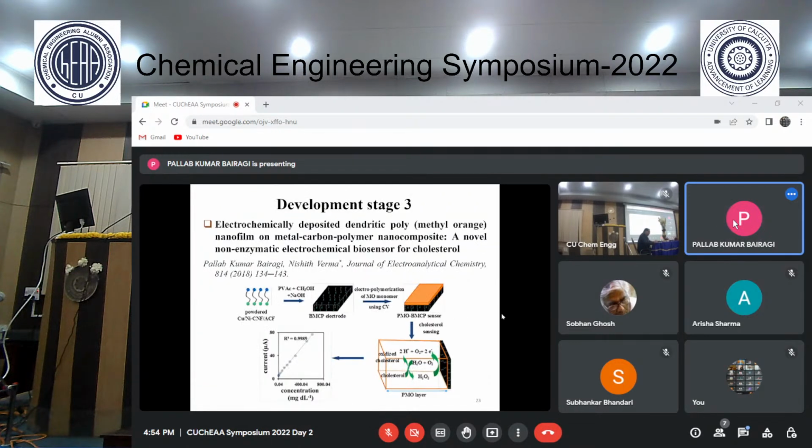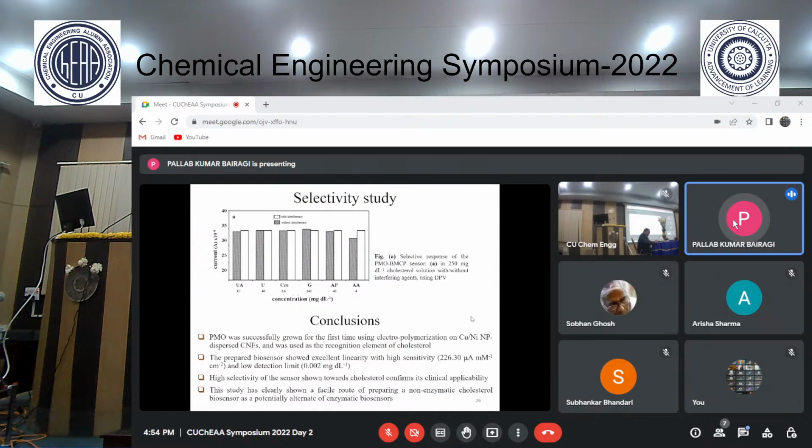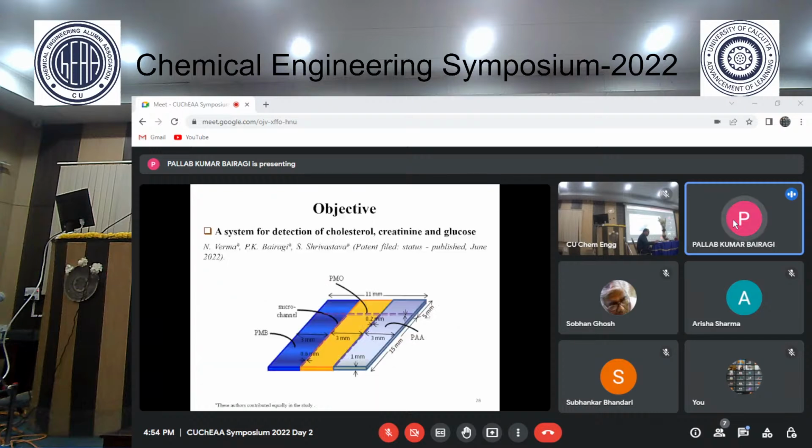For the sensor developed for cholesterol also, we observed the material and electrode showed a very high sensitivity, that is 226.3 microampere per millimolar, with a very low detection limit during the measurement of cholesterol. And these three studies give us an idea to develop a system for simultaneous measurement of cholesterol, creatinine, and glucose.